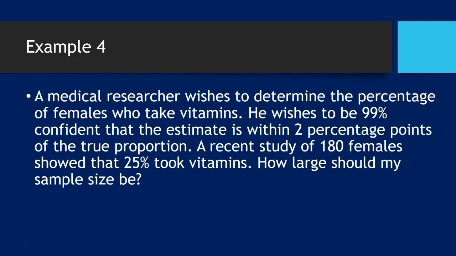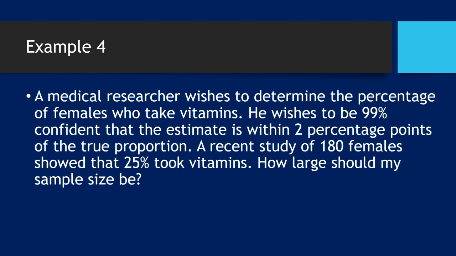So let's say that a medical researcher wishes to determine the percentage of females who take vitamins. So this medical researcher wants to be 99% confident, and he wants the estimate to be within 2 percentage points of the actual proportion.